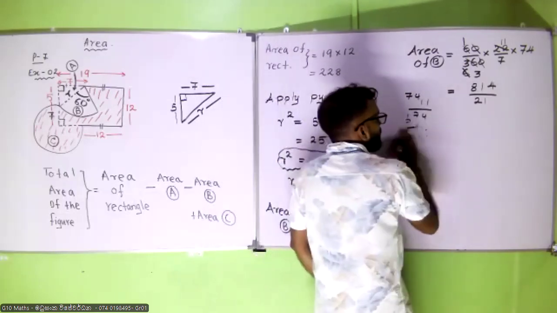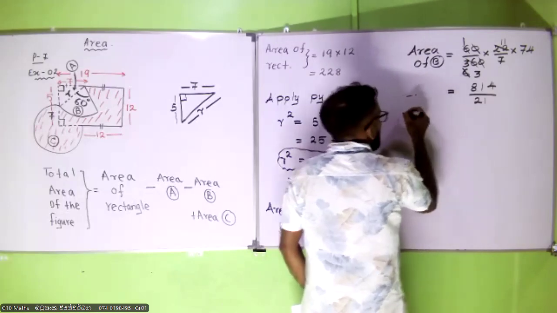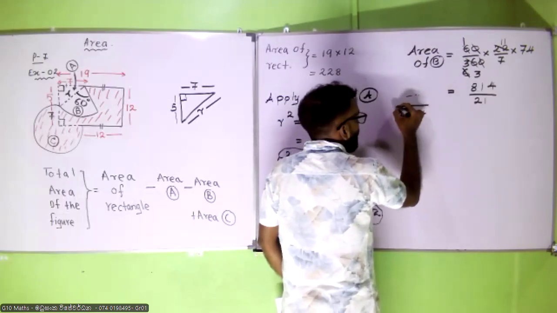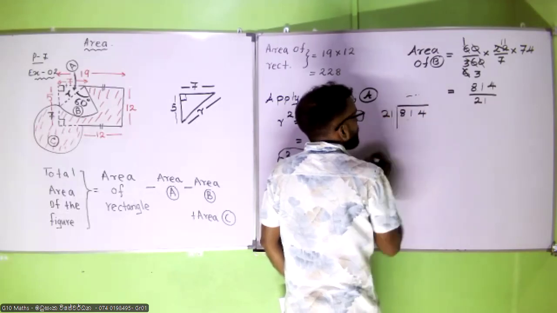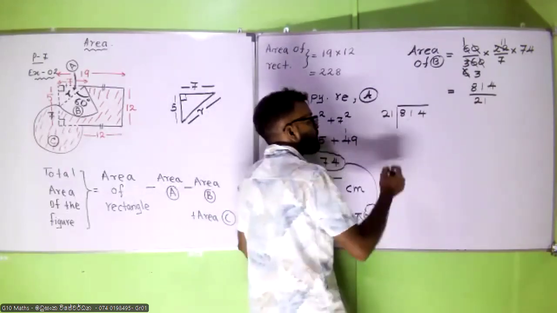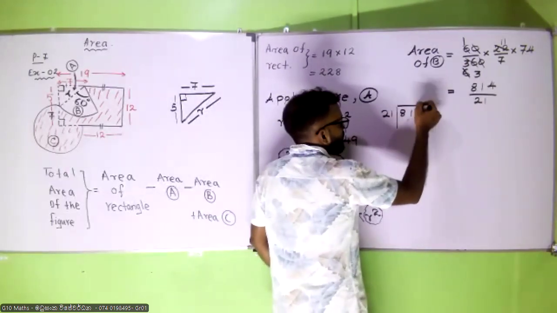814 divided by 21, up to 1 decimal place. How many 21s are there in 81?